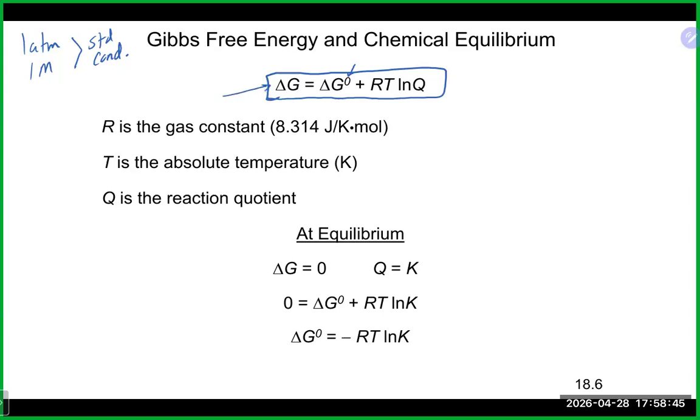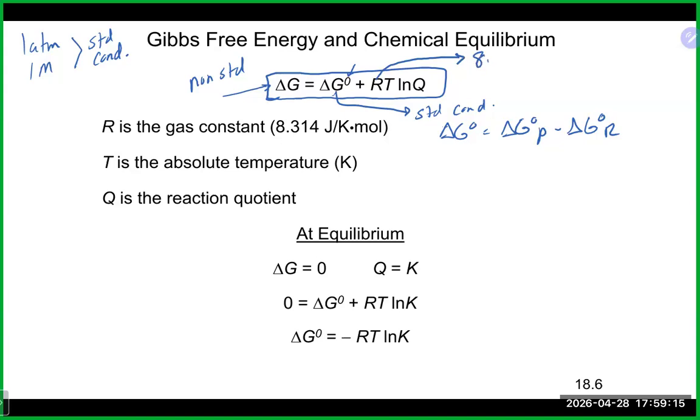You could think of this first delta G as the Gibbs free energy under non-standard conditions. This would be our standard conditions. So that's basically your delta G of your products minus the delta G of your reactants. Those values you would look up in a table. R is our gas constant, and you do want to make sure you use the correct gas constant here.